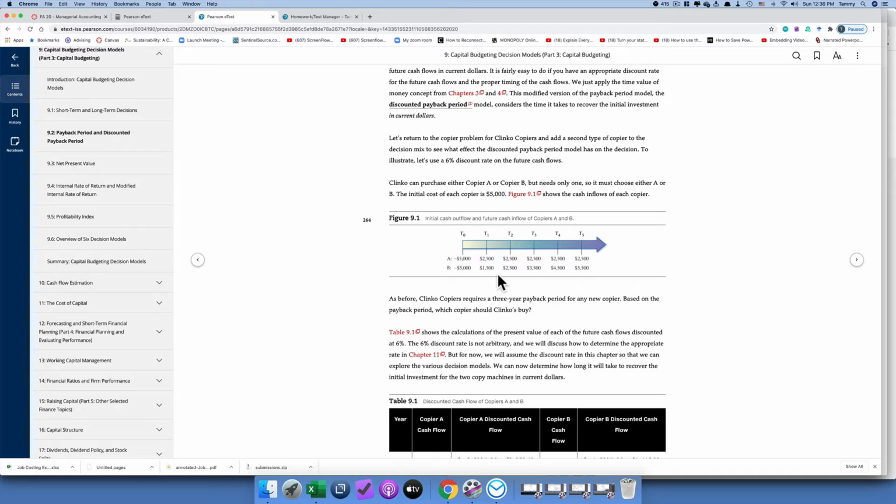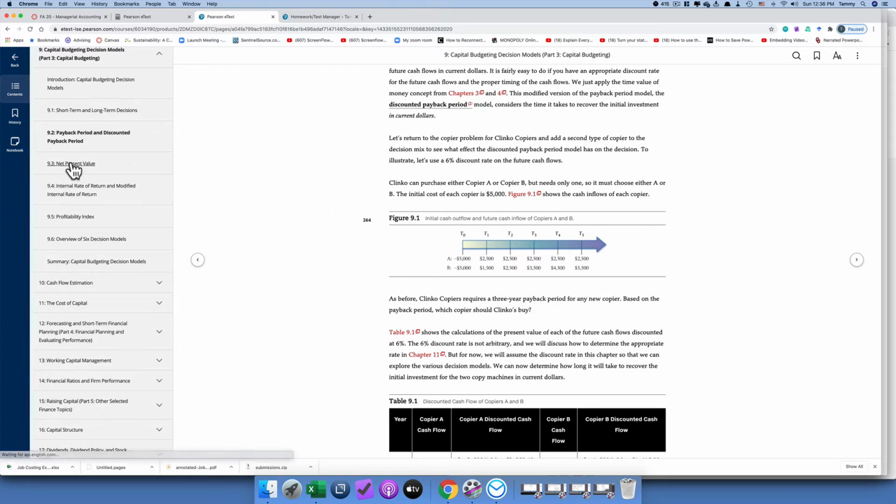We know that from our time value of money knowledge that we've developed over the course of this class, right? We have to find a way to do apples to apples comparisons between two different projects that have cash flows that are timed out differently. And the way that we do that is with a model called the net present value.